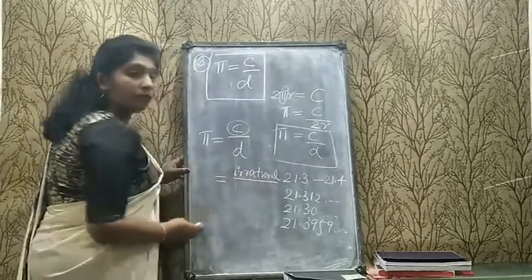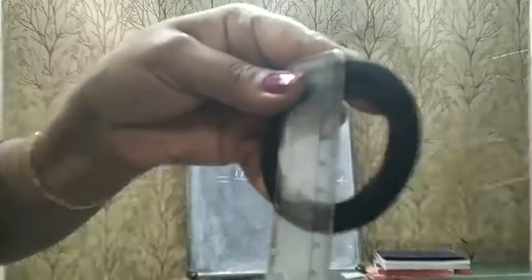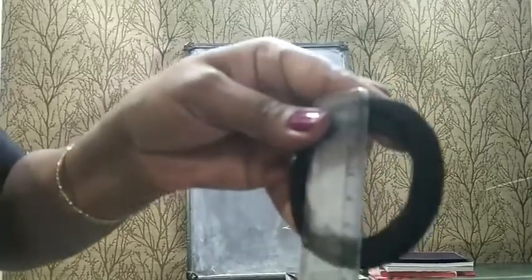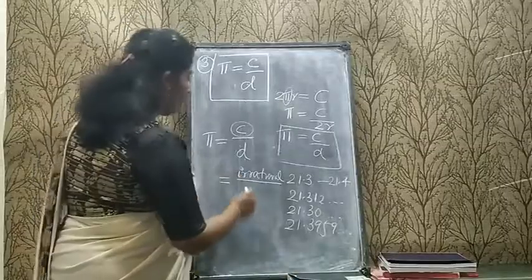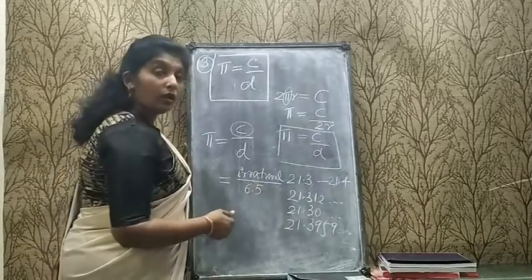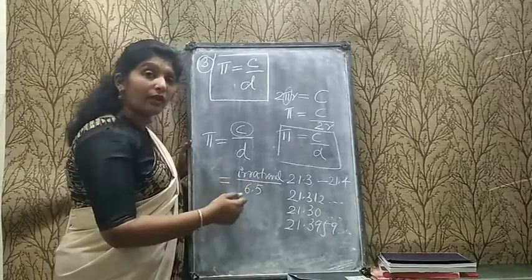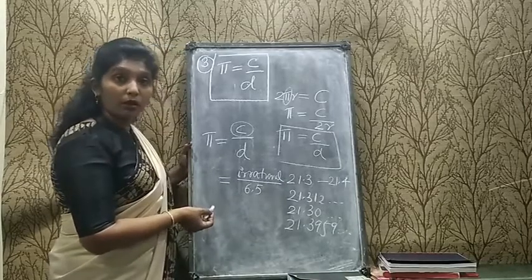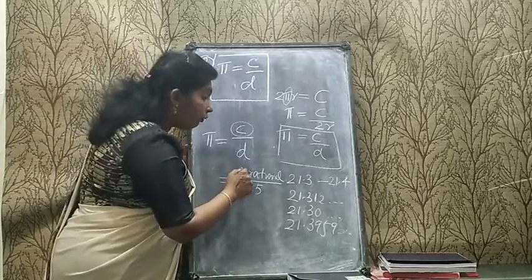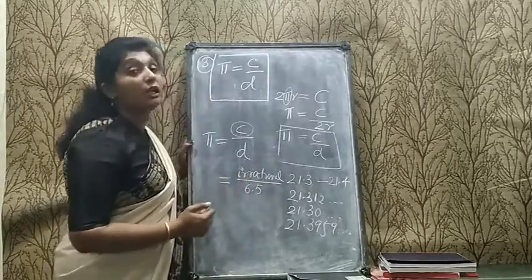divided by the diameter. The diameter I am going to check now. I am getting the diameter as 6.5. Here also it is not necessary that we should get the exact number for the diameter. That also can be a rational number. But here I got 6.5. So here an irrational number we are dividing by a rational number.